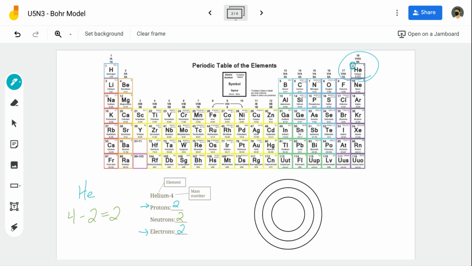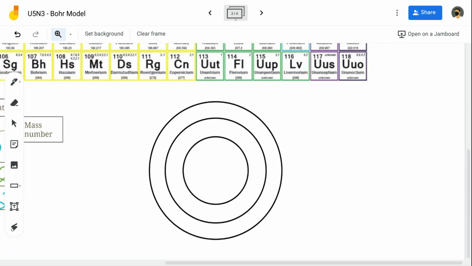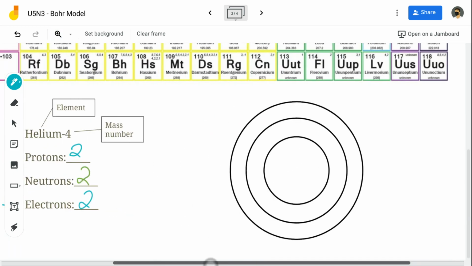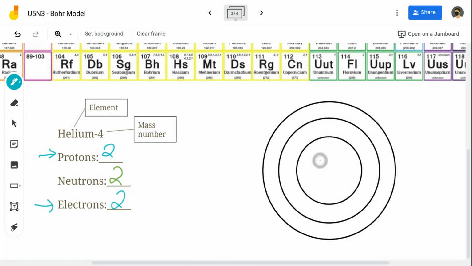For the protons and the neutrons, we're going to write this in the center of our Bohr model. And so if I zoom in a little bit here, we're going to write down 2p for 2 protons and 2n for 2 neutrons. And then for electrons, we're going to need 2 electrons. And since the first shell can hold 2, we're going to put them both on the first shell.